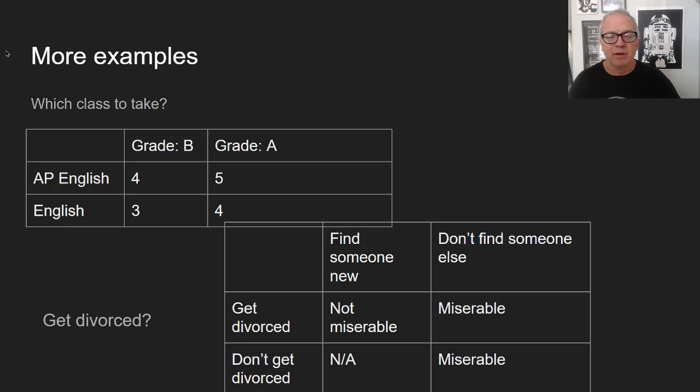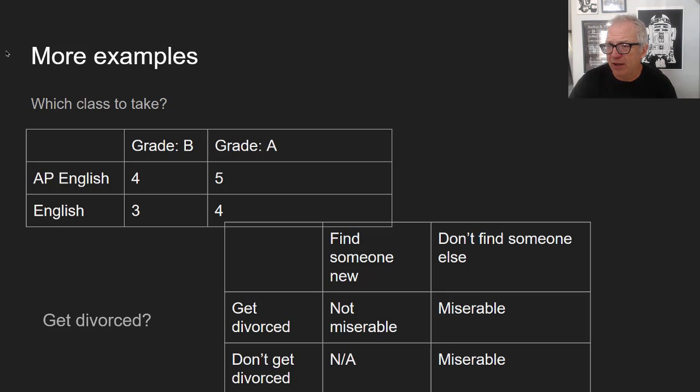Oftentimes it's very nebulous. It can be very hard to figure out how to compare weird things. How do you compare an ice cream sundae with a retirement account? It can be very strange to try to cross-compare different categories of utility. But if we can do it, then decision theory can give us the tools to figure out the answers in these kinds of cases.